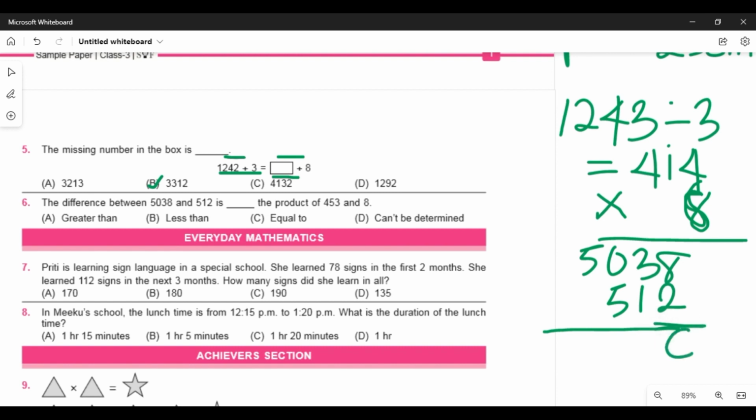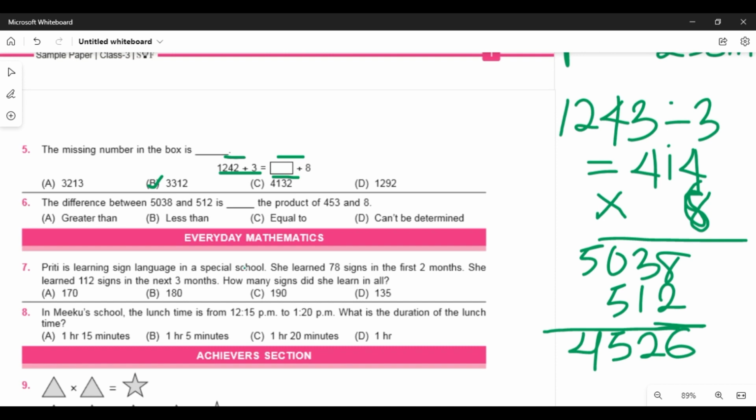This minus this will give us 6, this will give us 2, this will give us 5, and then we'll have 4. So the difference between this and this is 4526.